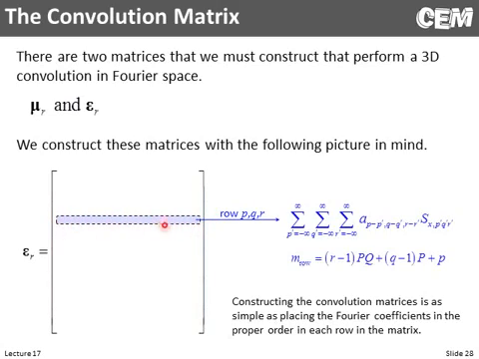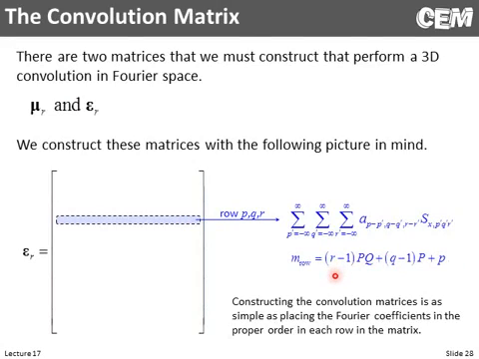For each row, the rule that we use to fill it in, we have to go back to this triple summation. This tells us how to fill it in, and I'll step you through that in just a minute. So given indices P, Q, and R, what row are we actually in? Here's how we would calculate it.